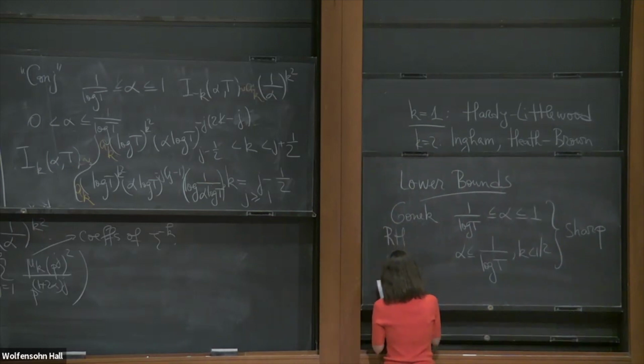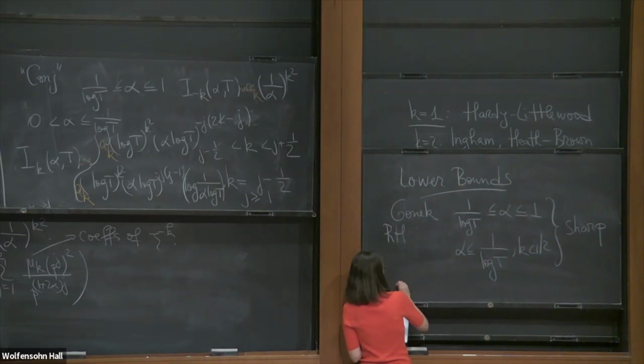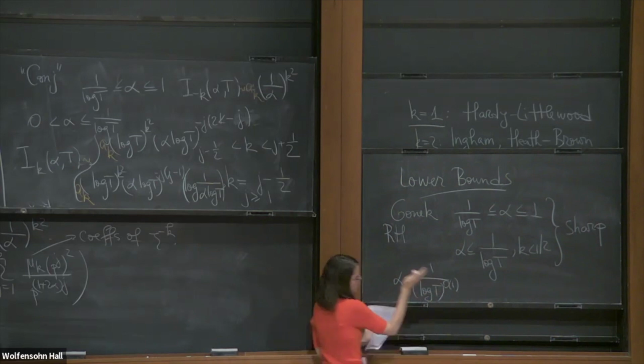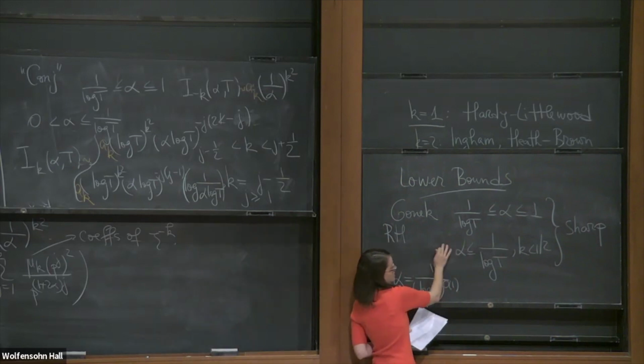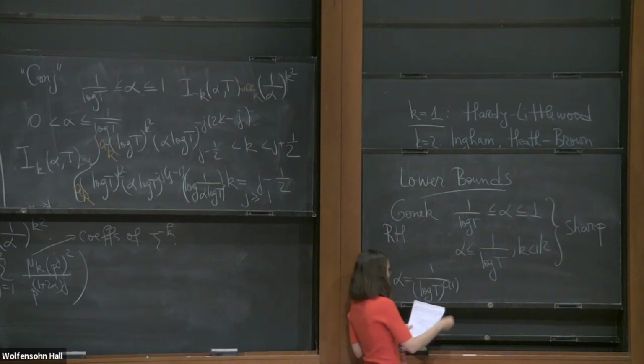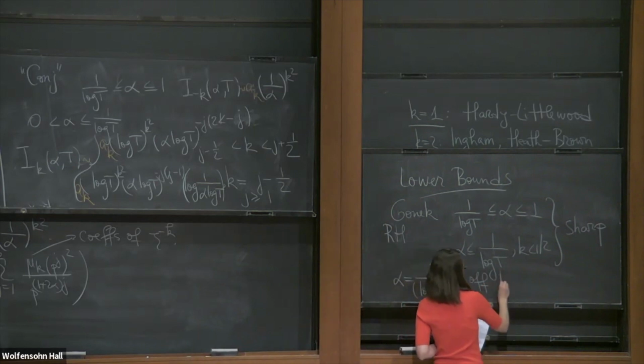Now, when alpha is of size, say, 1 over log t to the big O of 1, to the left of 1 over log t, and k is greater than or equal to 1/2, then he gets some lower bounds. They are not sharp, but they are off by some powers of log.